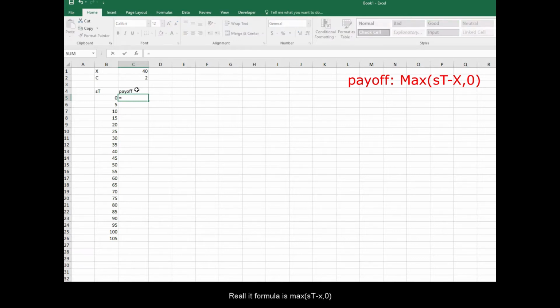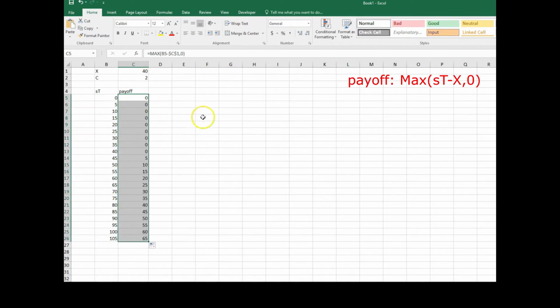Okay, so remember it's max stock price minus exercise price. We hit F4 to fix the location of the cell. 0. We copy and paste.